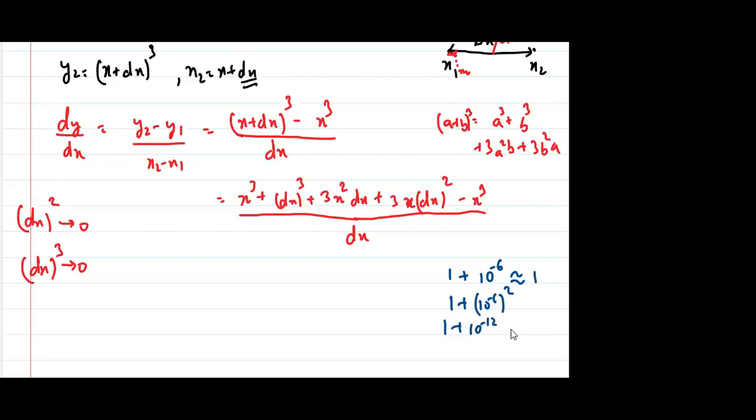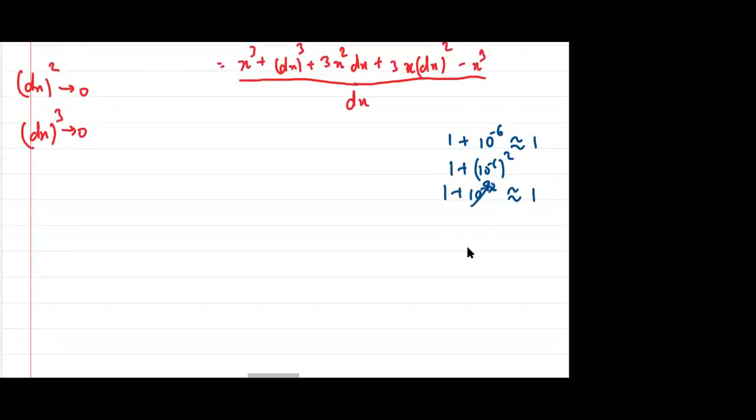It is even smaller, so can I say that it is equal to 1? Because these are very small, tending to 0. But can I just do this? Can I write 1 into 10 to the minus 6 tends to 0? No, I cannot do this. Did you understand? So approximation is used only in subtraction and addition, not in multiplication.